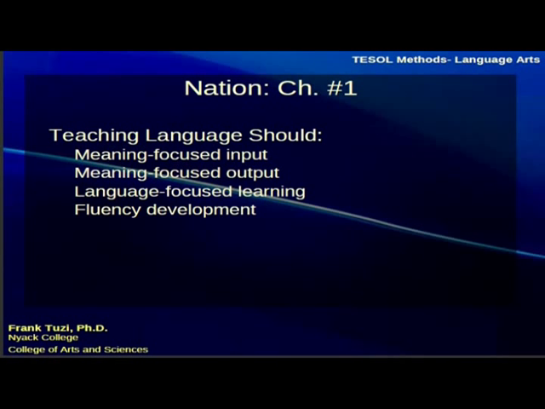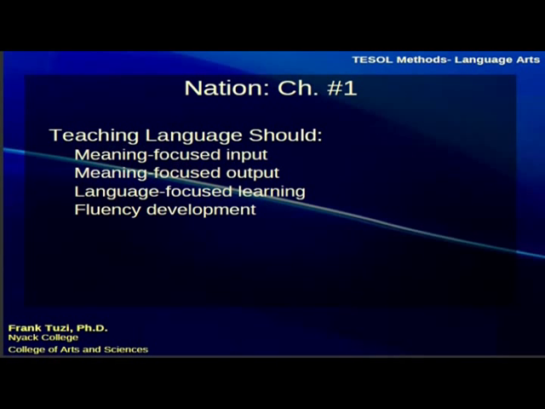I find it interesting that in other areas, other philosophies of teaching language, they emphasize one or the other. They'll emphasize only meaning-focused input or only meaning-focused output or only language or only fluency.